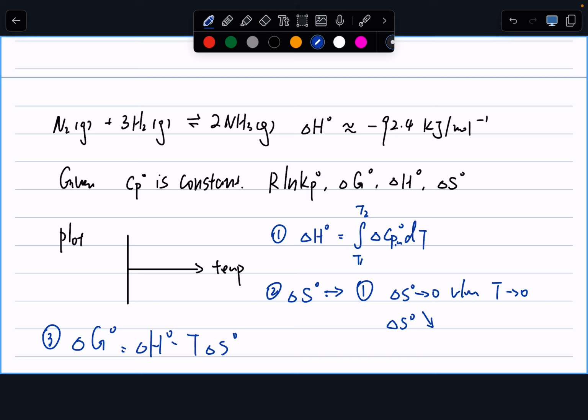So the delta G and delta H must have the same starting point. And then when temperature increases, we have a negative in front of my delta S. So my delta G naught equals delta H naught minus T delta S, so we effectively have an increase of my delta G while my temperature increases.